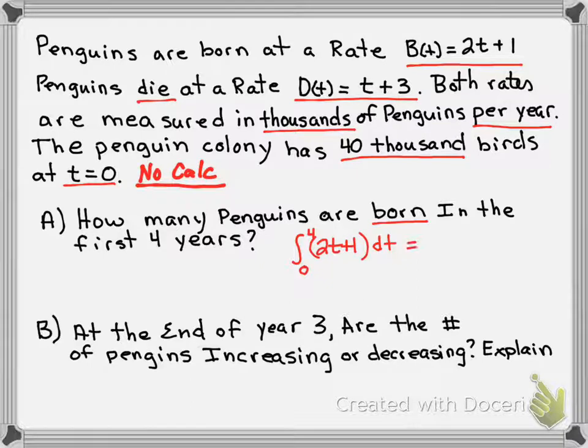So our antiderivative of 2t will be t squared, and our antiderivative of 1 will be plus t, from 0 to 4.